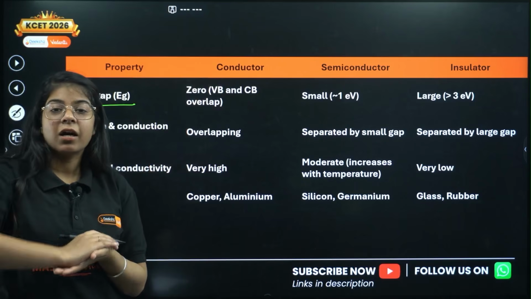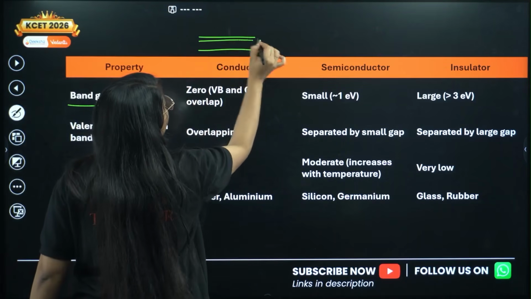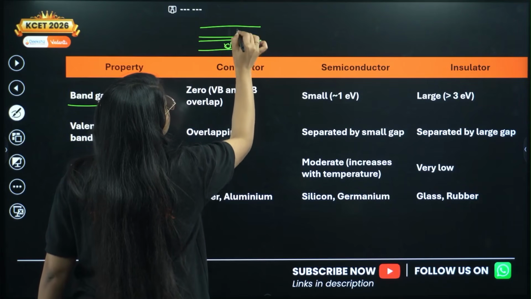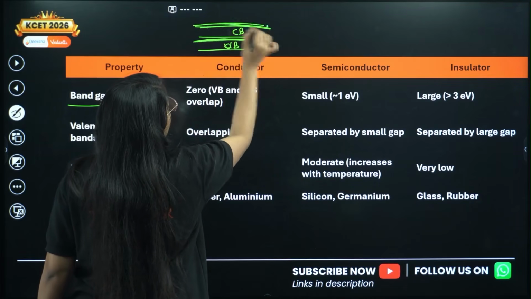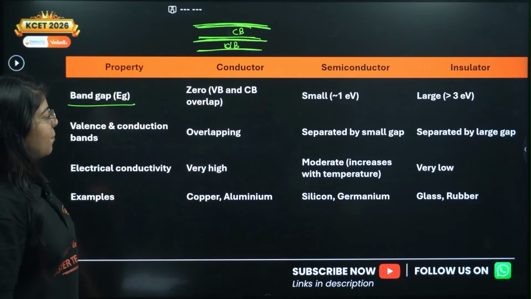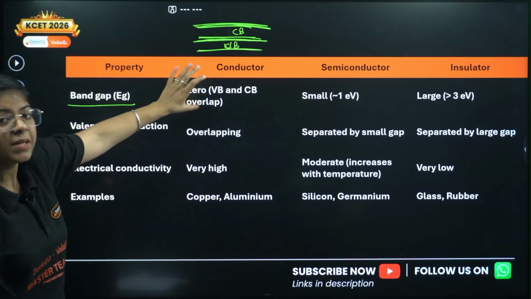This is somewhat the diagram of a conductor. This is my valence band, this is the conduction band, and we can clearly see they are overlapping. So the energy gap is 0.